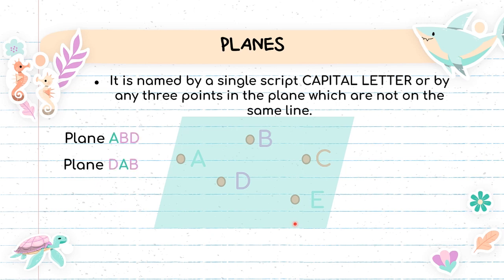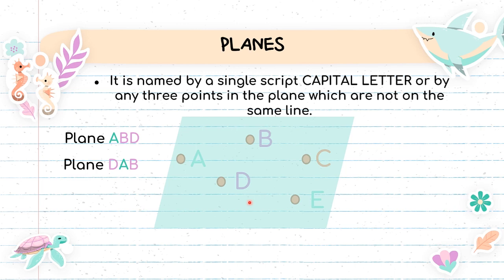We can name a plane by 3 points. So, we have plane ABD, with non-collinear points. We can name a plane with non-collinear points.